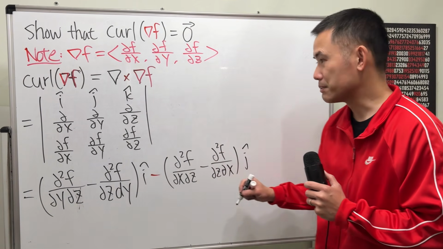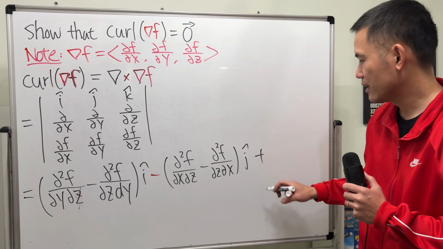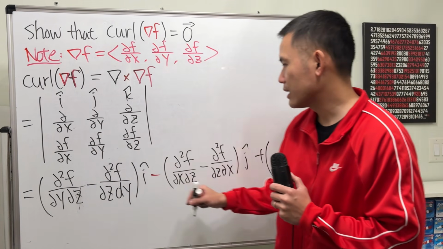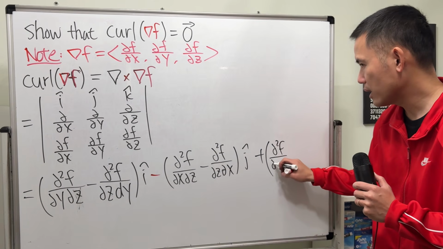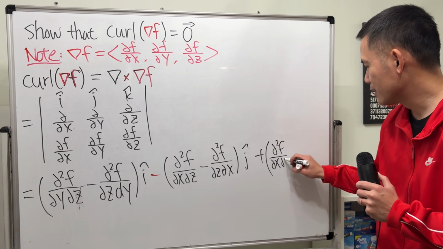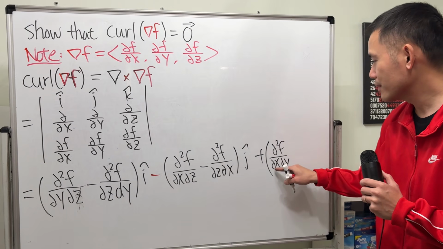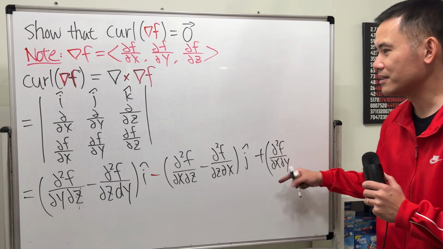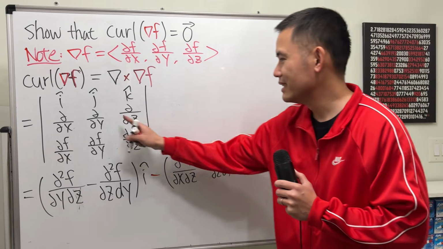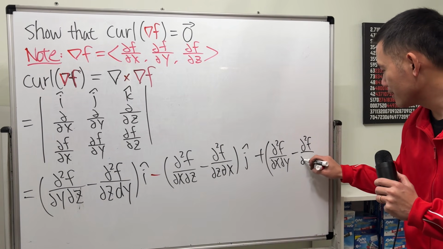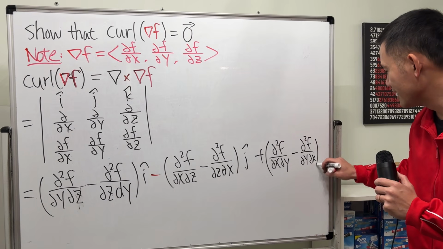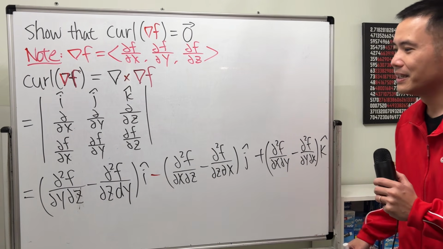Lastly, for the k, it's positive. And we have this and that, which is the second partial with respect to x, y, minus this and that, the second partial with respect to y, x. And then this is the k component.